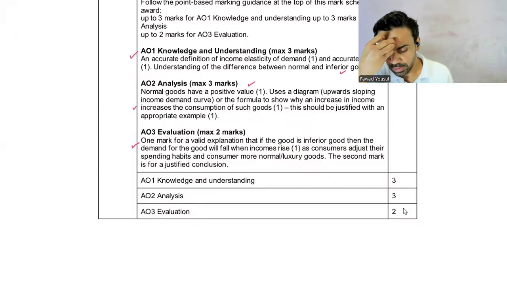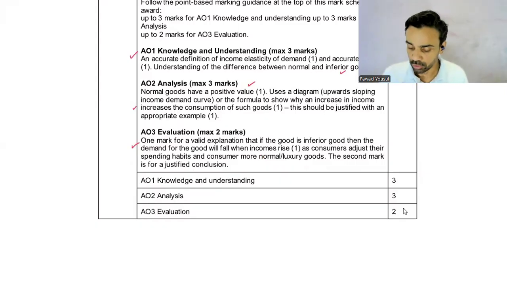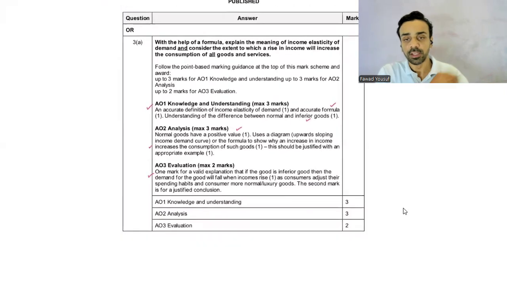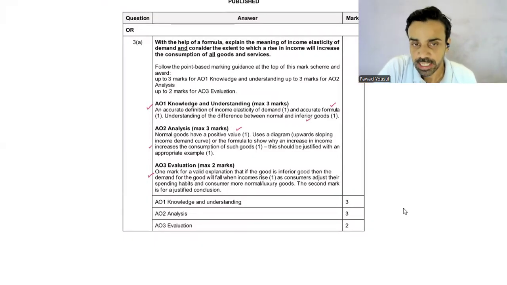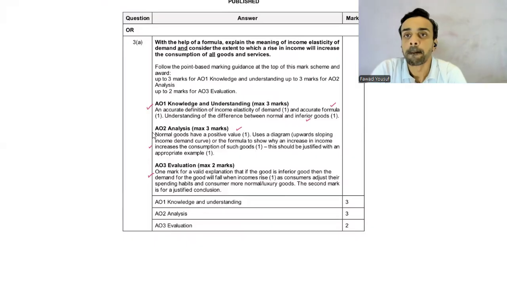I don't know what that really means. I think yeah, ये normal के अंदर luxury और necessity का जो discussion है ना, कि if income बढ़ती है तो maybe consumers might increase by a lot, maybe might not increase by a lot. I think that is your second mark right there. Yeah, I think you need to do that. You have to write about the inferior and you have to write about necessity and luxury. ठीक हो गया? Okay.